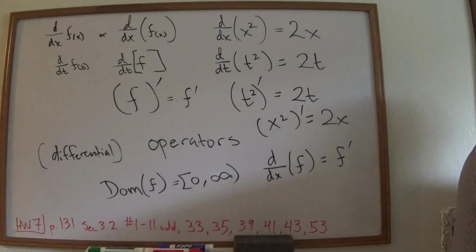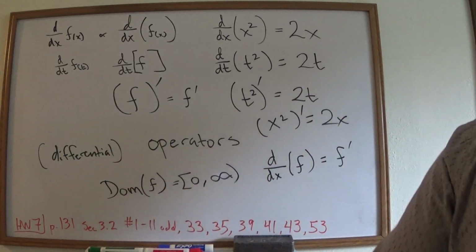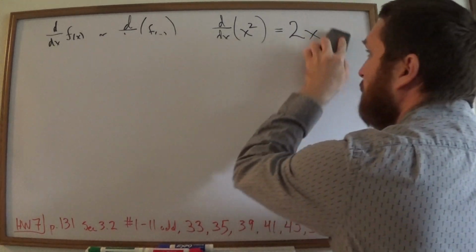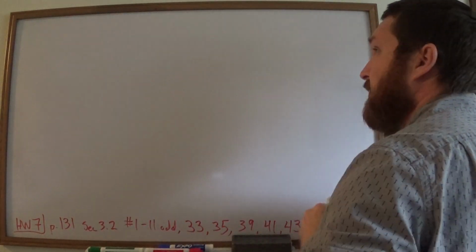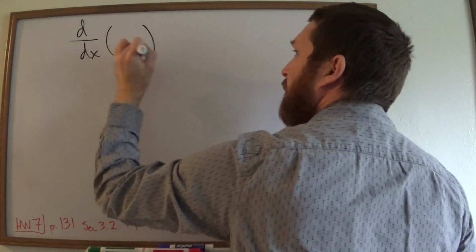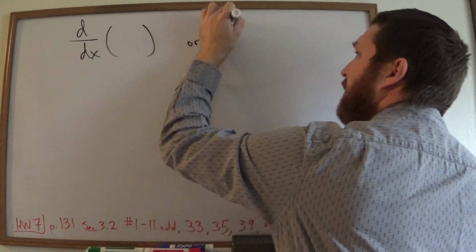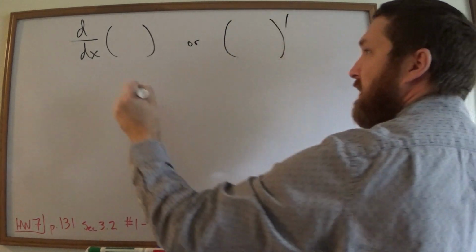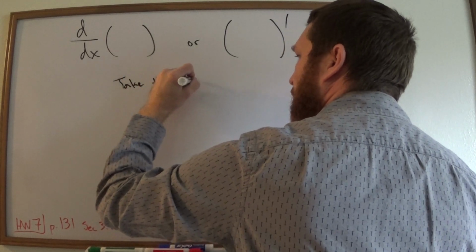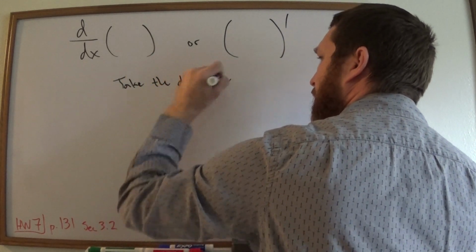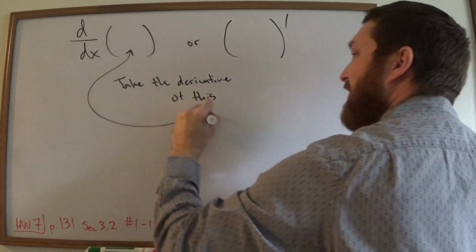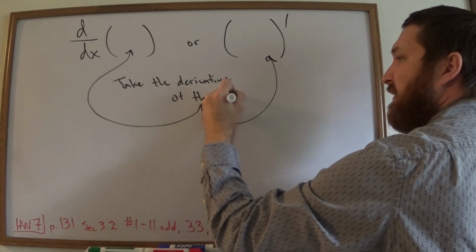Okay, as we start to do this, I did want to have this up on the board. In both cases, whenever you see this, or you see something like this, in both cases, this means take the derivative of this stuff.